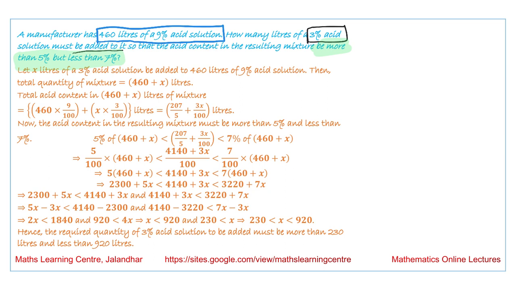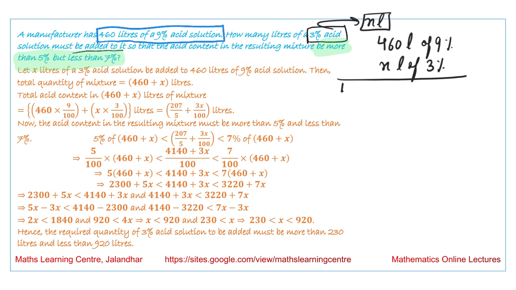So suppose that the 3% acid solution that is to be added is x liters. Originally we have 460 liters of 9% solution. We are adding to it x liters of 3% solution. So the total amount of solution we have is 460 plus x liters.